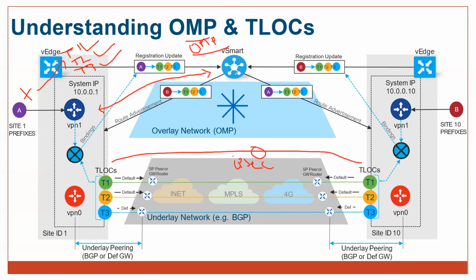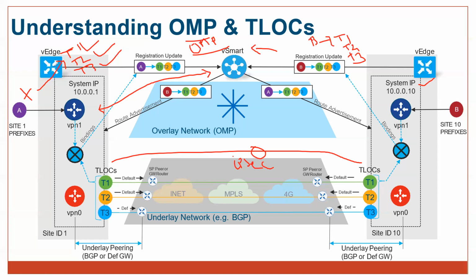Okay. The same registration process is happening here as well. Now vSmart knows that I can reach B via T1, T2, T3, and this is different. This is not the same T1, T2, T3 that you have here. Why? Because here the system IP is different. If the system IP is different, that means obviously the TLOC will change, correct?